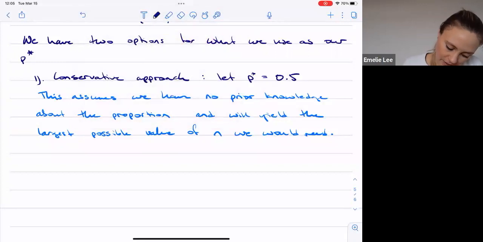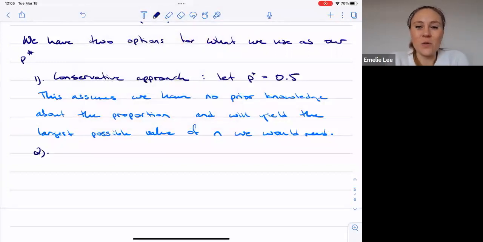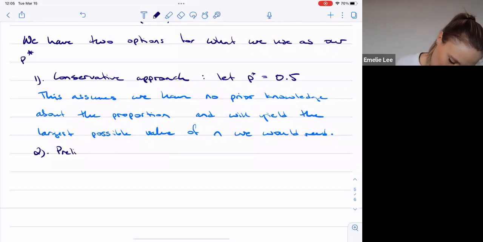The other option is to use the preliminary data approach.